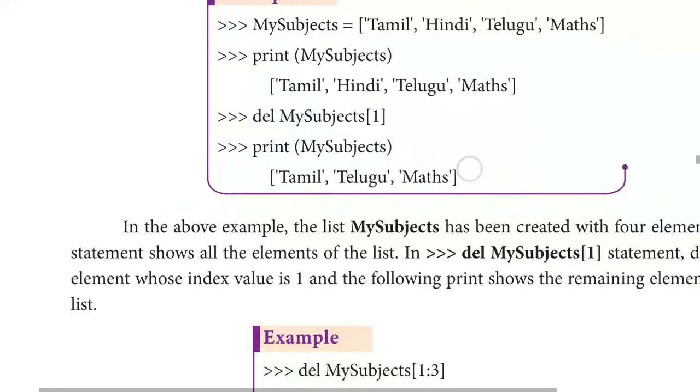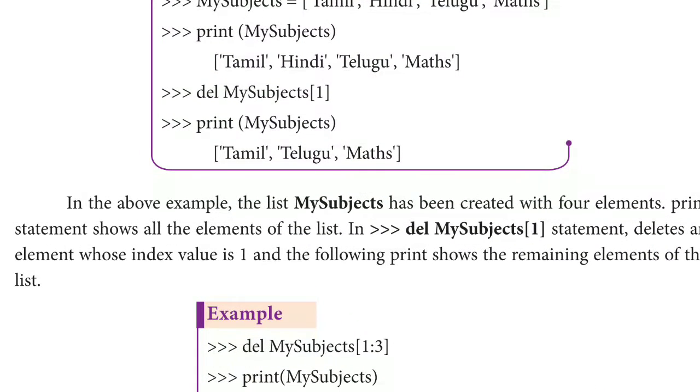In the above example, the list my subject has been created with the 4 elements. The print statement shows all the elements in the list. In the next statement, del my subject 1 deletes the element whose index value is 1, and the following print shows the remaining elements of the list.